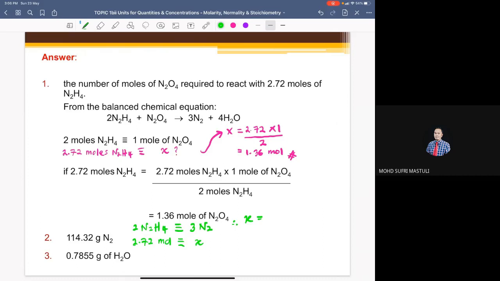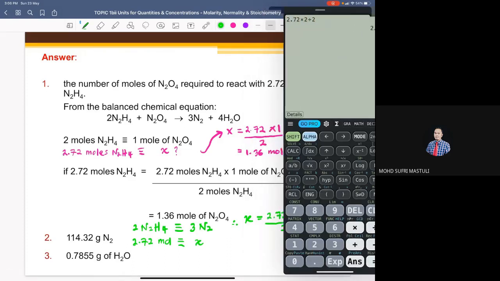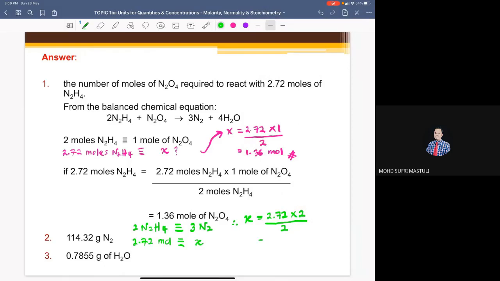Therefore, X is 2.72 times 2 divided by 2, sorry, it's wrong. It's 2.72 times 3, not 2.